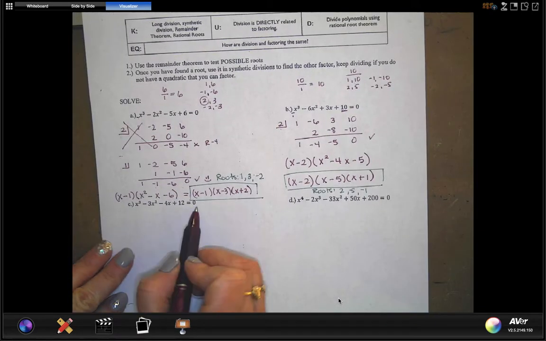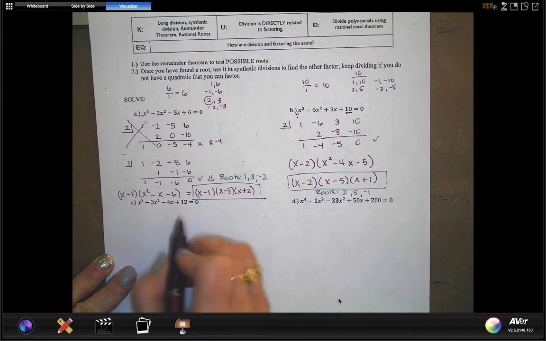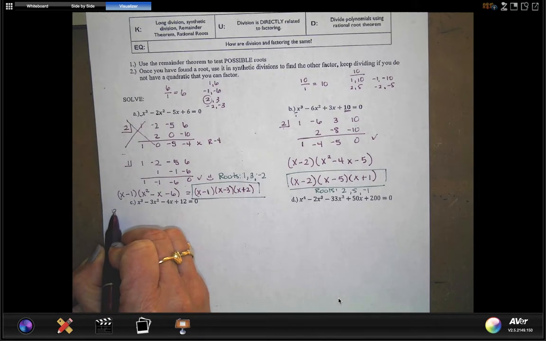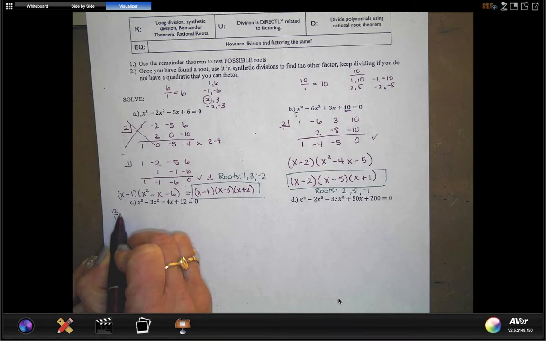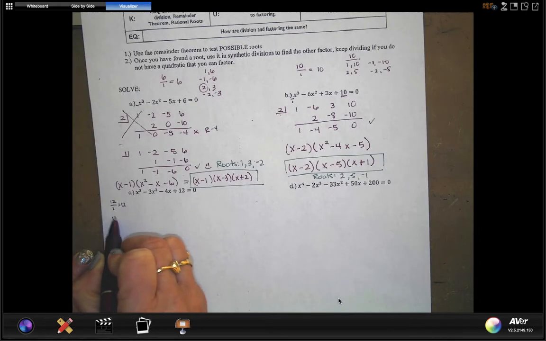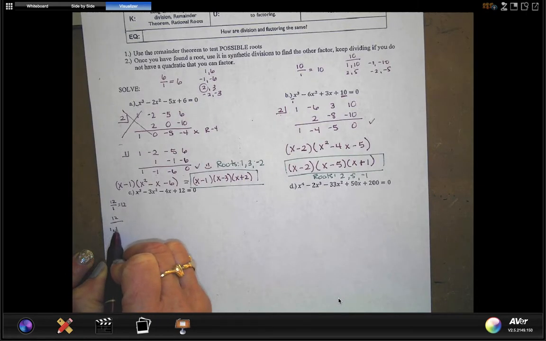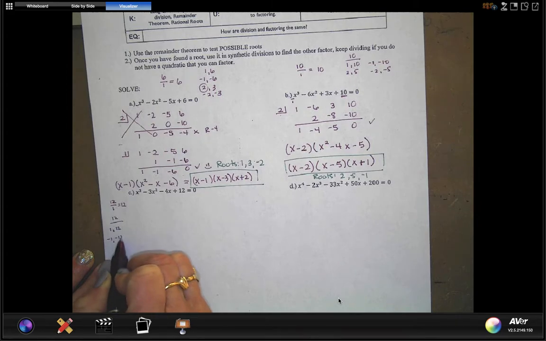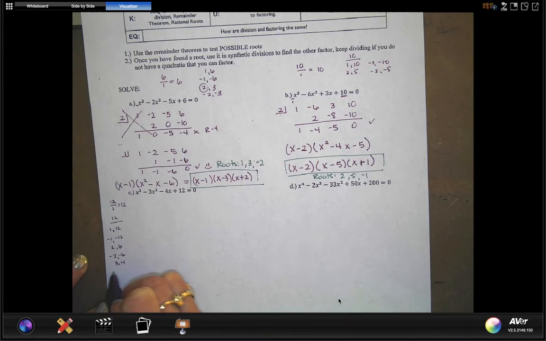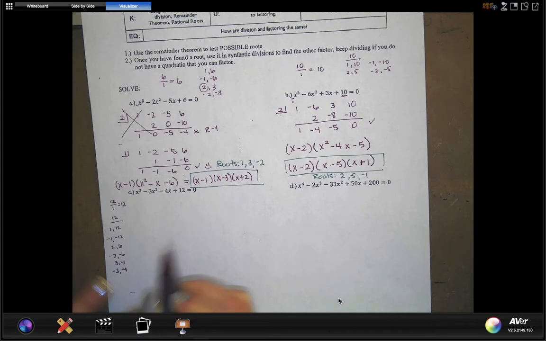Same thing down here. So here I'll take the 12 divided by 1, so I get 12. So again, we have lots of options here. So 1 and 12, negative 1, negative 12, 2, 6, negative 2, negative 6, 3, 4, negative 3, negative 4.